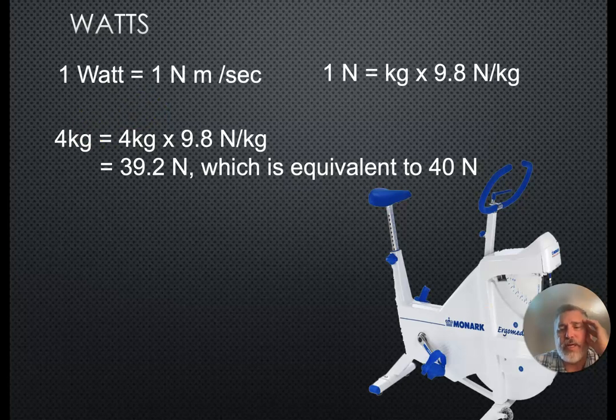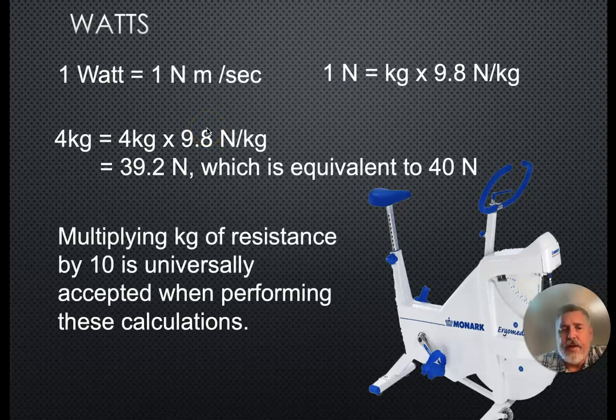So if I put 4 kilograms of resistance on this wheel, the 4 kilograms is 39.2 newtons, which is equivalent to 40 newtons. Since you're dealing with significance, the difference between 39.2 and 40 is not significant. So we just round that up to 40 newtons.